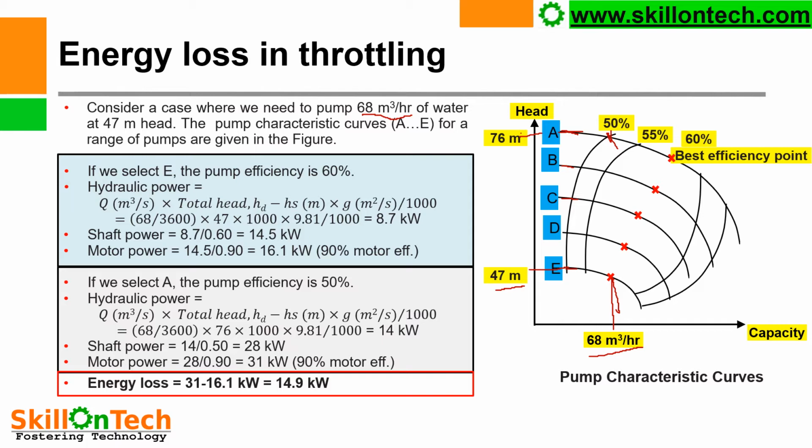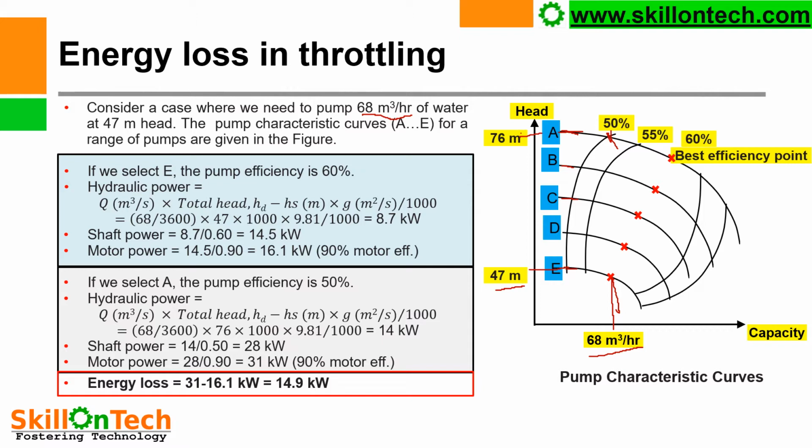The shaft power will be calculated as 14 upon 0.50, considering 50% pump efficiency, so it will be 28 kilowatt. And if we calculate motor power, then it will be 28 upon 0.90, considering 90% motor efficiency, which works out to 31 kilowatt.